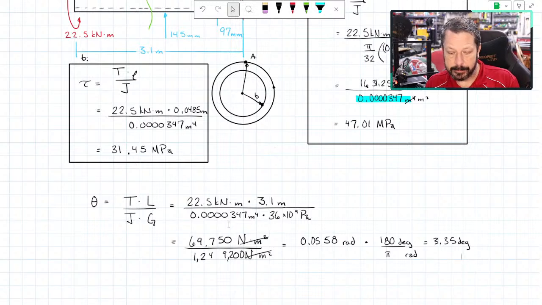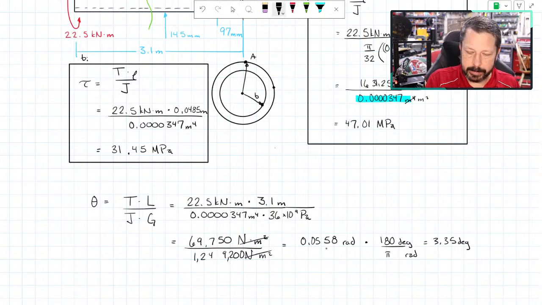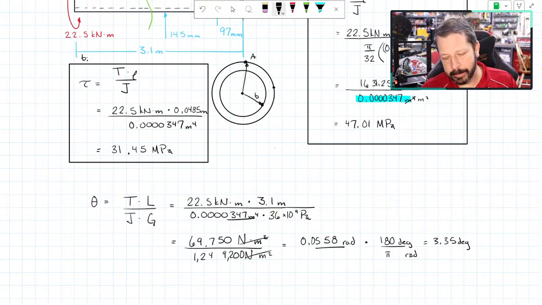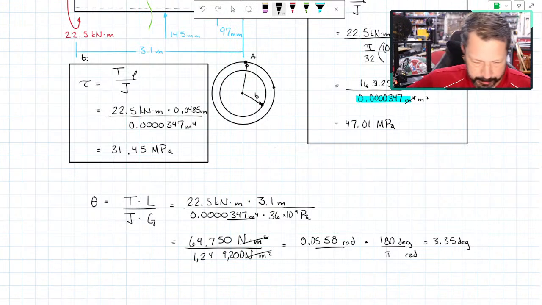And I rounded off the 0558. I rounded that off too. So if I do less rounding, I get 3.2. So I rounded here, and those two together gave me the 3.35. If you don't round those, you get 3.2, like WebWork wants.